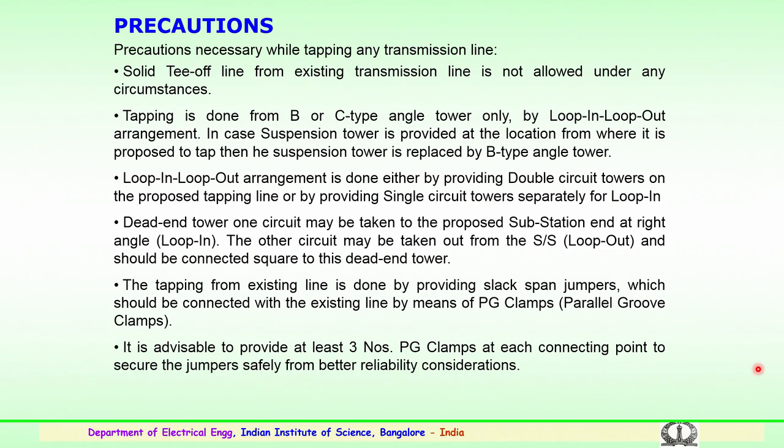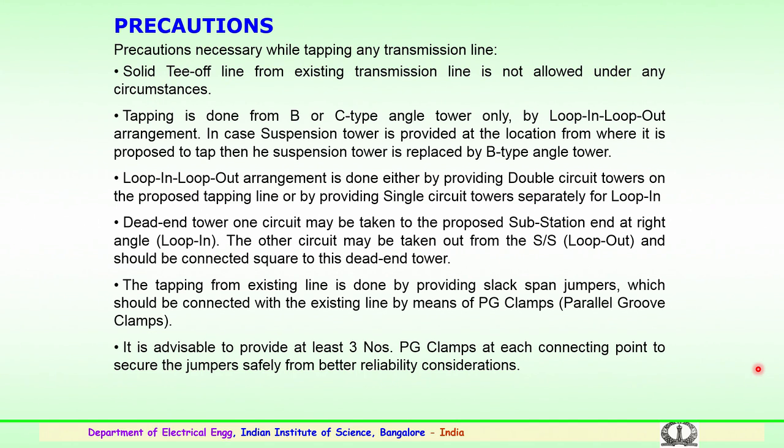In case there exists a suspension tower at the location where the loop in loop out arrangement is to be done, then this existing suspension tower is to be replaced by a suitable B type angle tower.